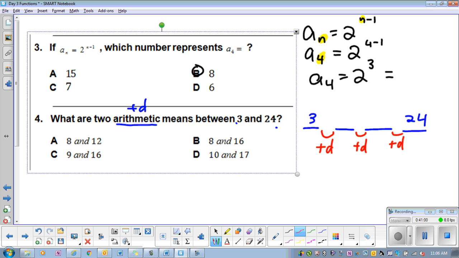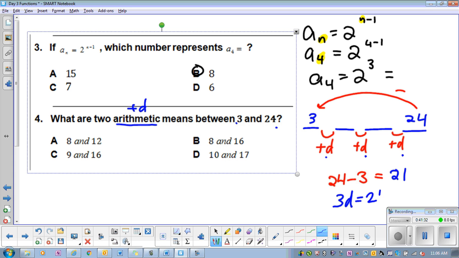So if we're adding, then what do we do backwards this way? Subtract. Good. So do that. Do 24 minus 3. What do you get? 21. All right. What happened here? What's d plus d plus d? 3d. So 3d equals 21. Right?